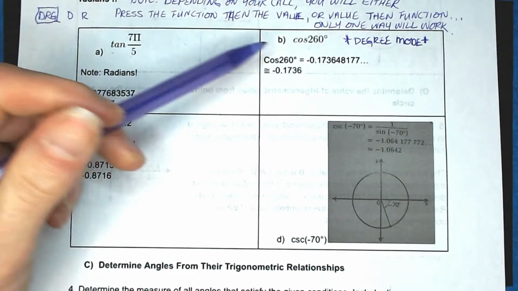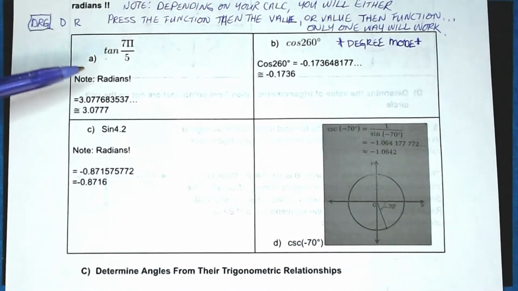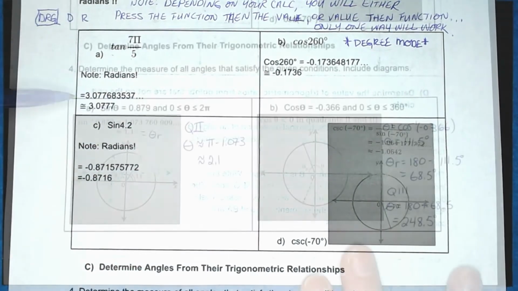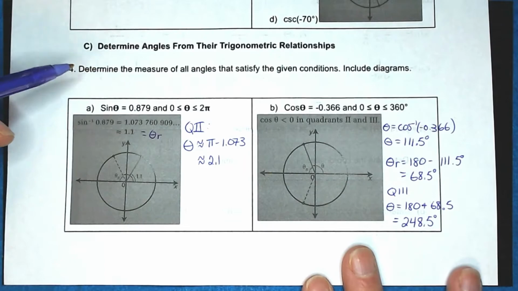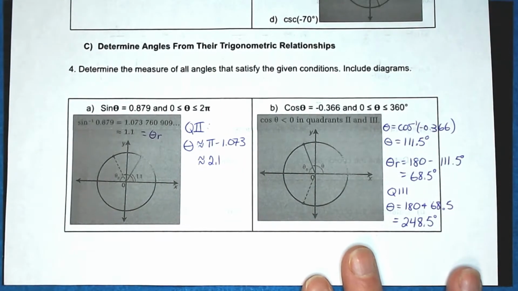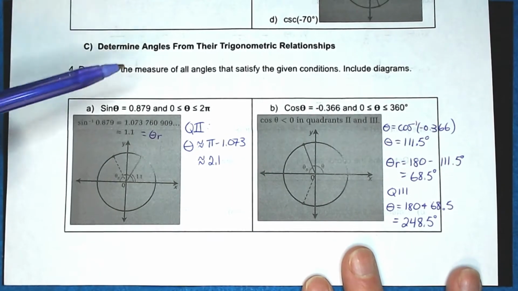Please do test it out so that you know how to do it, and make sure that you can get the answers given. What we can do once we're given these approximate values of sine or cosine or any of the inverse functions is that we can determine what the angles equal within a given range of values.